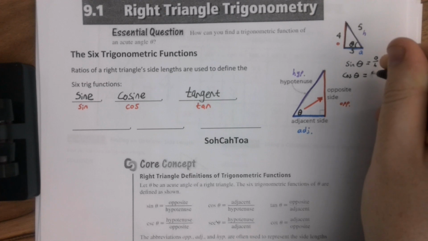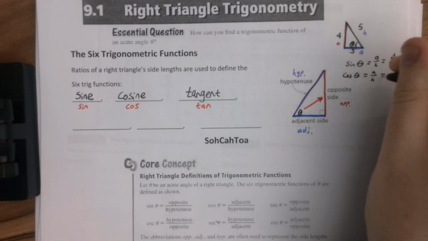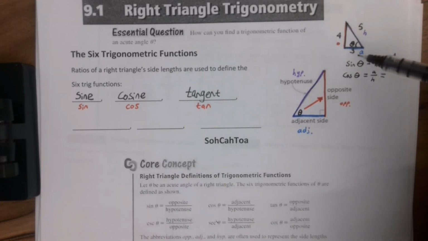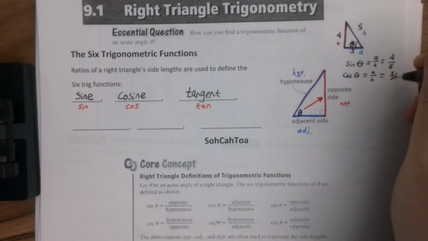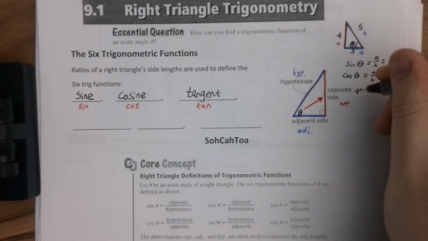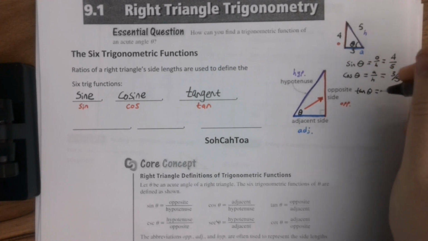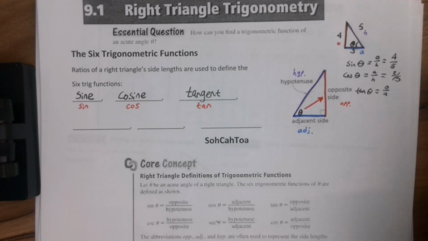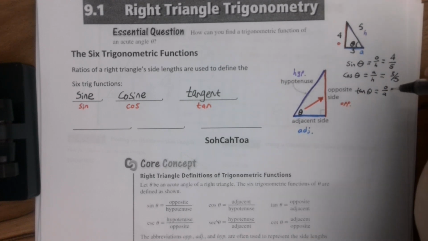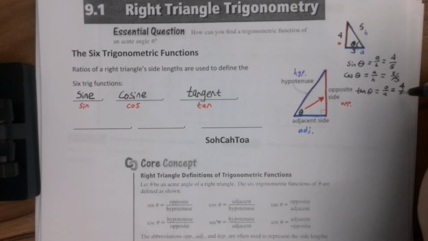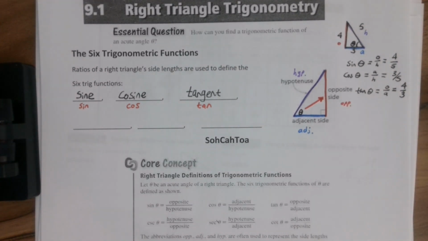The cosine of this angle is the adjacent side divided by the hypotenuse. In this case, our adjacent side is 3, and our hypotenuse is 5, so it's 3/5. And for tangent, that one is opposite over adjacent. The opposite is 4, the adjacent is 3, so the tangent of this angle is 4/3. These are just ways of writing out ratios.